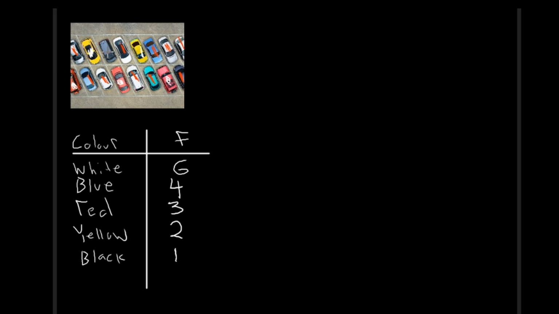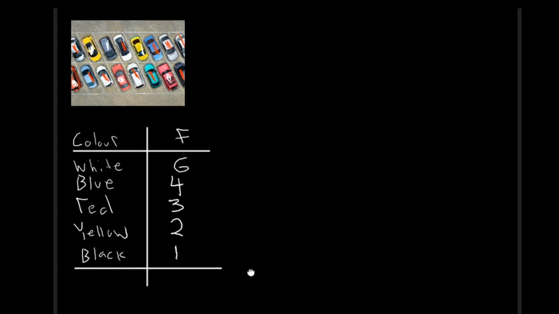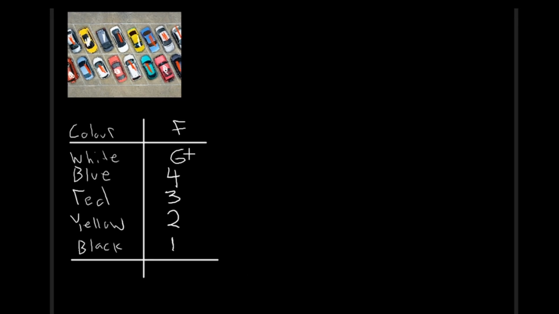Moment of truth, what we should be doing here is we should sum all of our frequencies to figure out what exactly that works out to. And in this case here, what do we have? 6 and 4 is 10, 13, 15, 16.